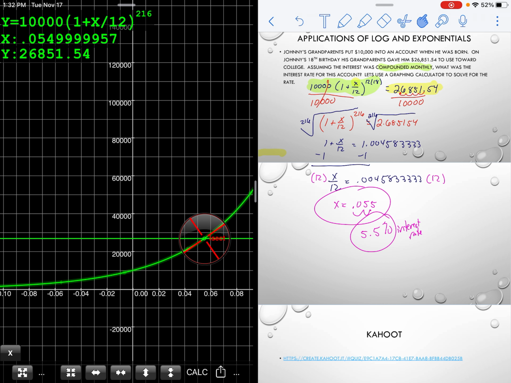The path we get there, however, can be different from person to person. But in the end, we can always confirm, just like I did on the calculator here: type in the left side as y1, the right side as y2, and find the x coordinate of the point of intersection.